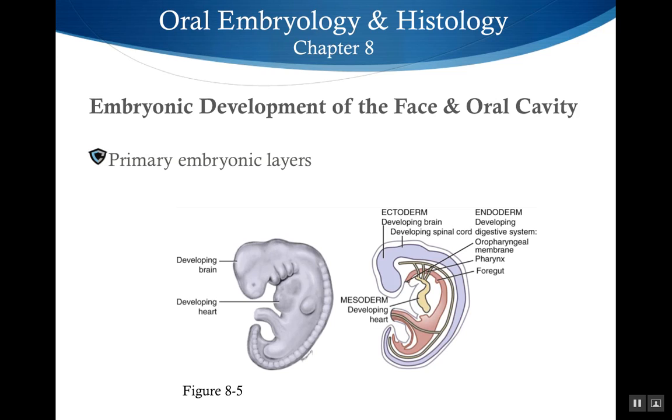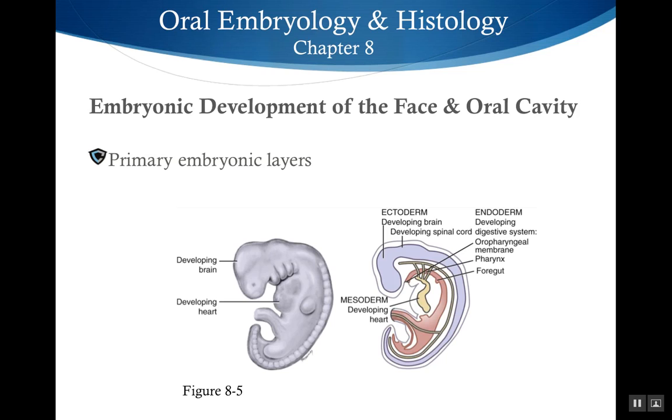So it's interesting to note that the enamel, or the outer covering of the teeth, is formed from the ectoderm. We're going to go into more detail about the different parts of the teeth later. But the other parts of the tooth, the remainder of the tissues found in the tooth, the dentin, which is just under the enamel, and then the pulp, which is in the center of the tooth, which is the nerve of the tooth, and the cementum, which forms the root structure of the tooth, those are all formed in the mesoderm.